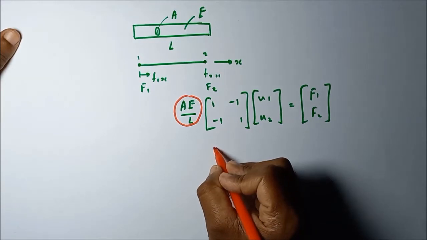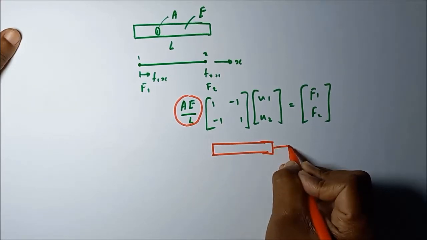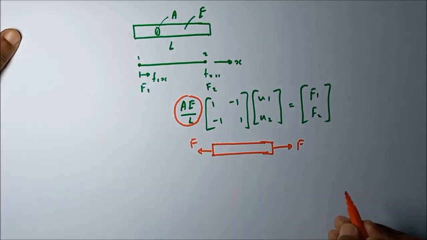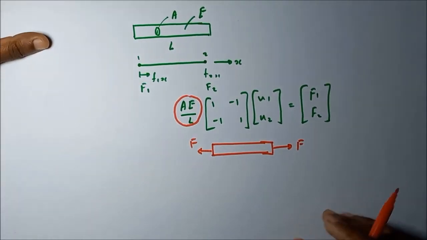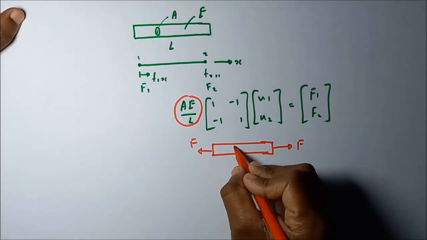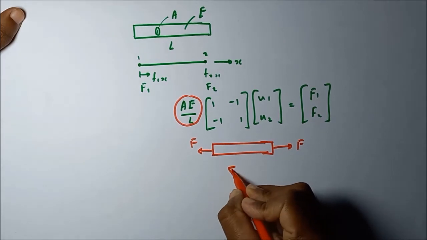Let's take a certain bar element subjected to a certain force F. Then the stress developed in this bar element due to the external force, let's take it as sigma.